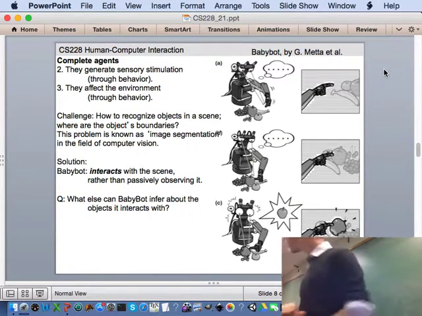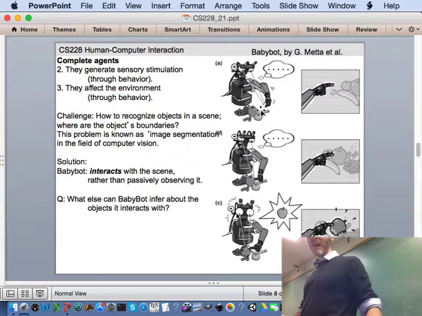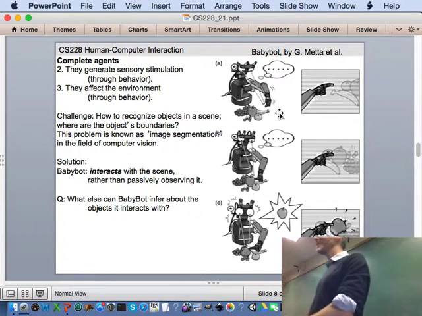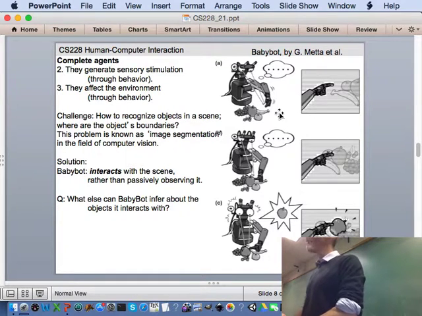So BabyBot was put in front of a table, and on this table they would place a number of objects, and BabyBot had to learn to separate the objects from background, which in this case is the surface of the table. Unlike our non-embodied machine learner, BabyBot does have, well, not two arms, but one arm with which it can interact with the objects on the table.